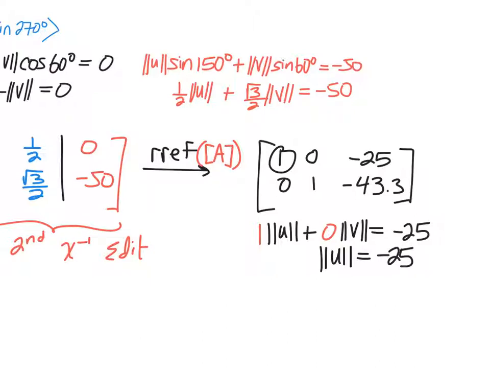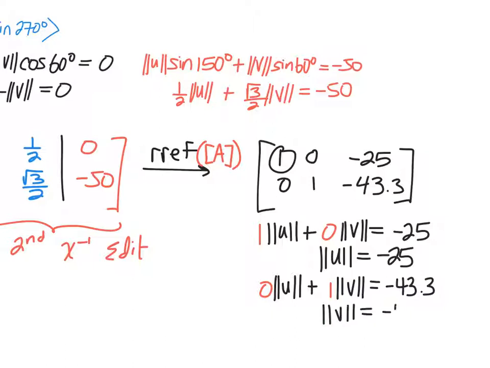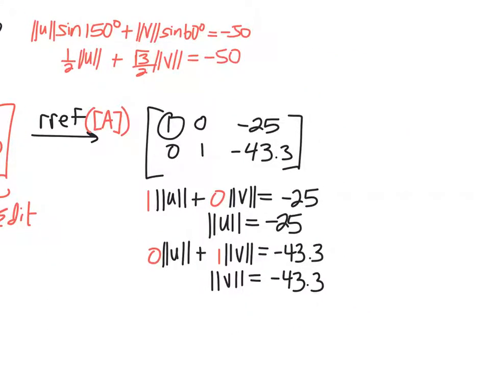Then we have the magnitude of v, because the same idea holds for the second equation. We have coefficients of 0 and 1. The magnitude of v would be -43.3. So we have to think about contextually what we're dealing with here, because we established that the magnitude of the weight was 50 pounds.